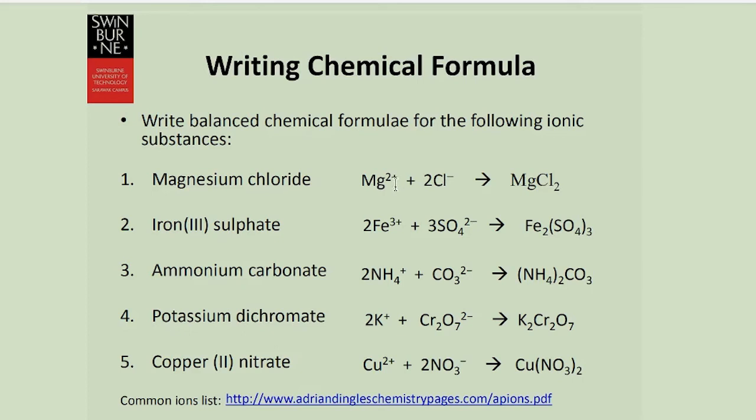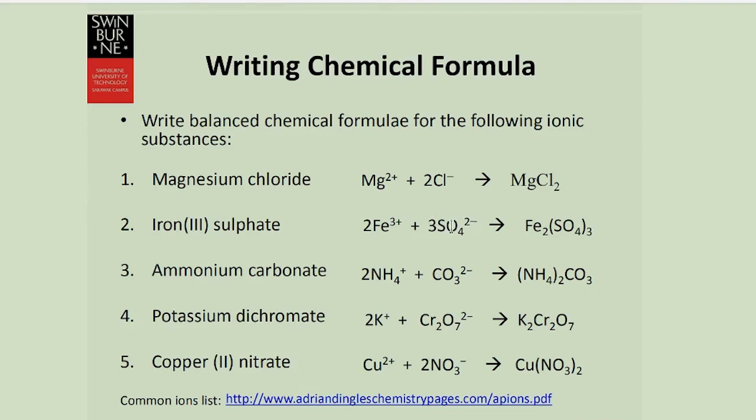Each one charge will neutralize one. So the 2 negative charge will come from 2 chloride. This 2 positive charge will be neutralized, and that is why this 2 is shown here. So it is magnesium chloride. Same goes for iron with 3 positive charge, and sulfate, which has 2 negative charge. So the 3 positive charge has to be neutralized by this negative charge.